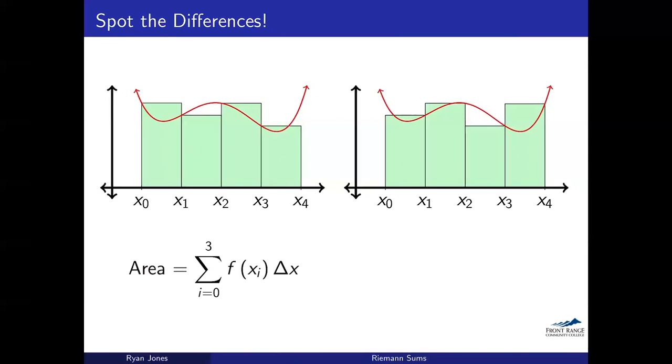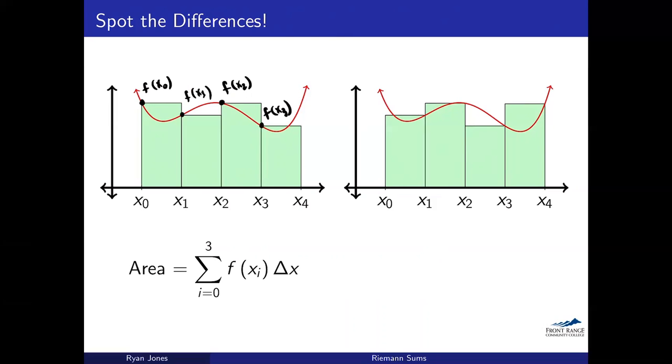So right here, this is actually what we saw before. From going from 0 to 3 of f of xi delta x, what you hopefully can notice here is that I have f of x naught. I'm just going to label just the y coordinates here. F of x1, f of x2, and f of x3.